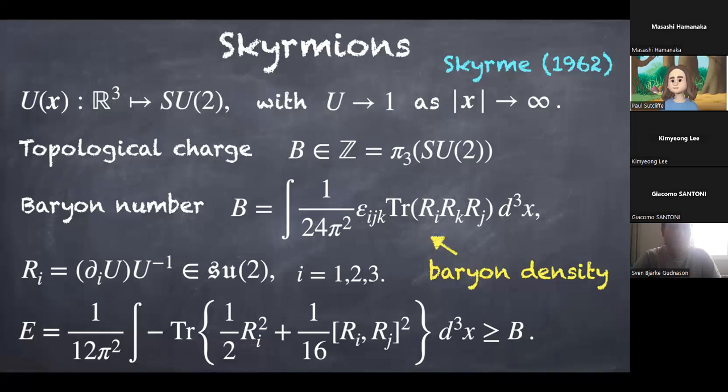So you can see, roughly speaking, if you've got something that's quadratic and something that's quartic, you could try and complete the square, and the cross term would then be cubic. And that's where this energy bound comes from. You complete the square here, and the cross term will be the baryon number. So you find that there's an energy bound. In the units I'm using, the energy is always greater than or equal to the number of skyrmions that you've got in your system.